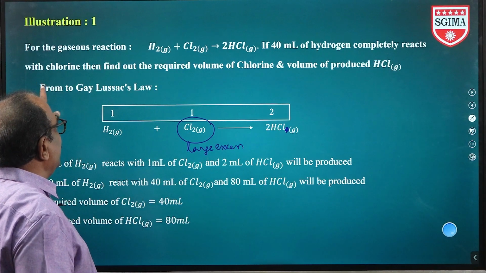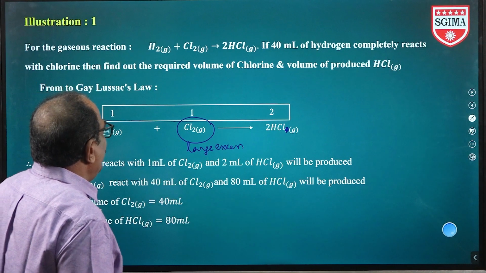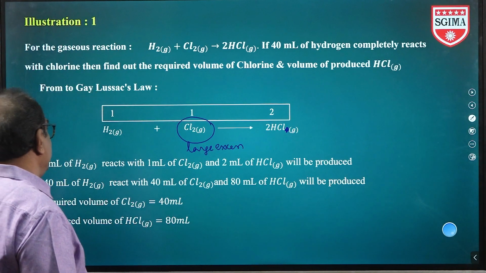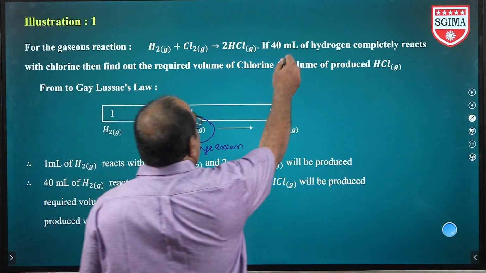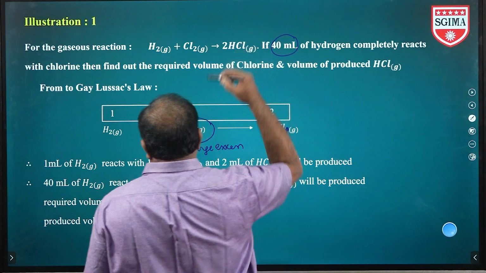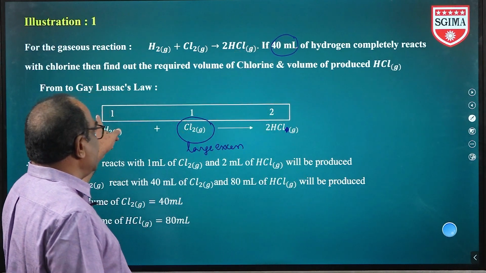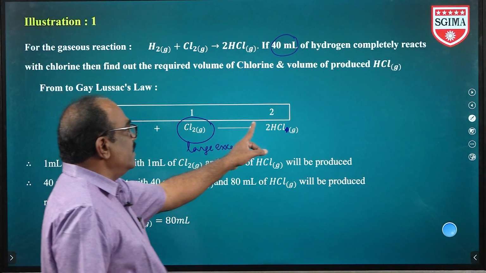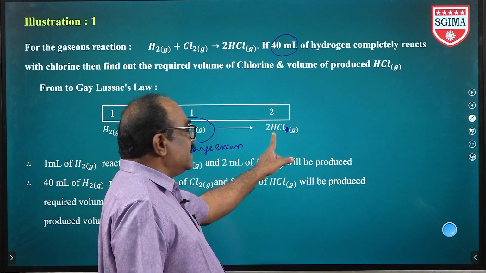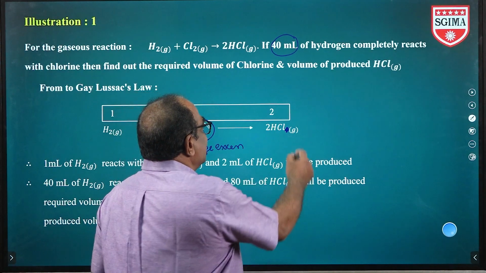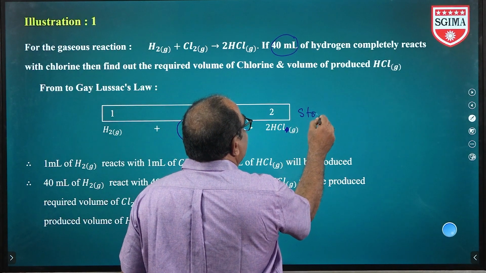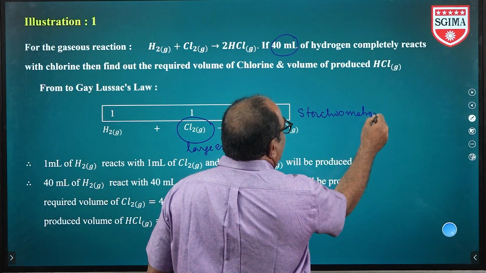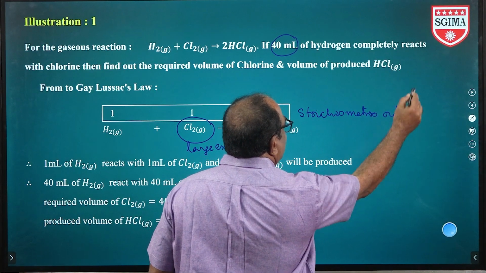Now, the question will be, find out the volume of chlorine and volume of produced HCl. How much quantity was taken? 40 ml was taken. So, first I write the stoichiometric order. As I told you, 1 mole of this combining with 1 mole of this for the reaction to completely occur produces 2 moles of HCl. This order needs to be followed.